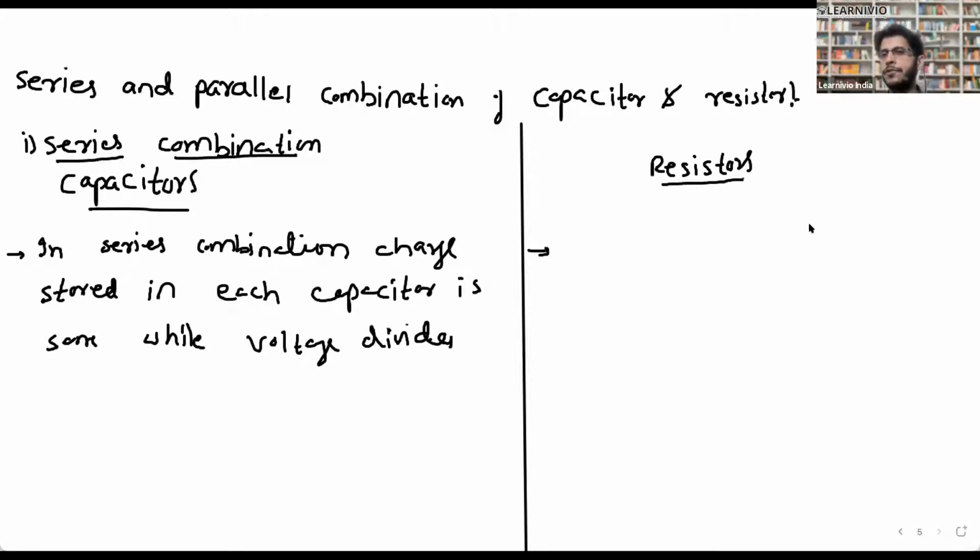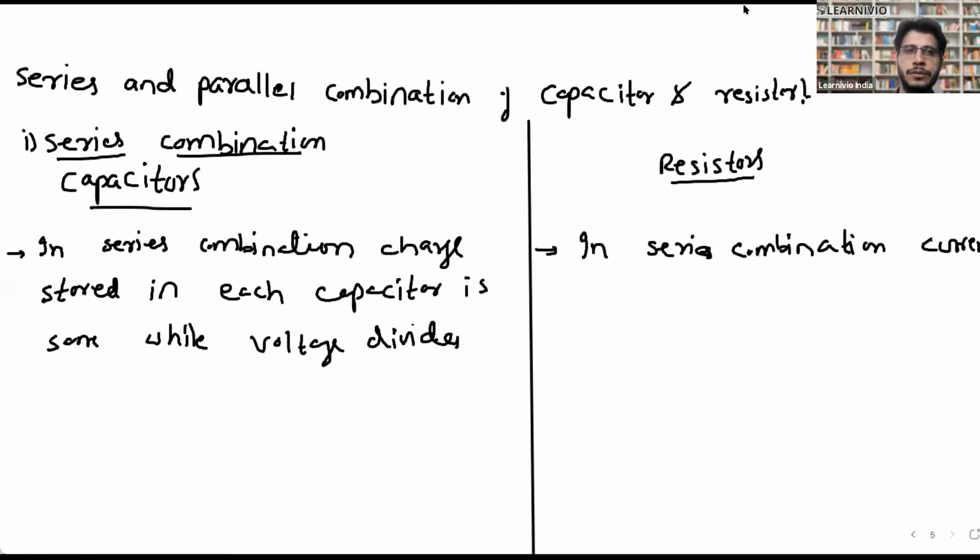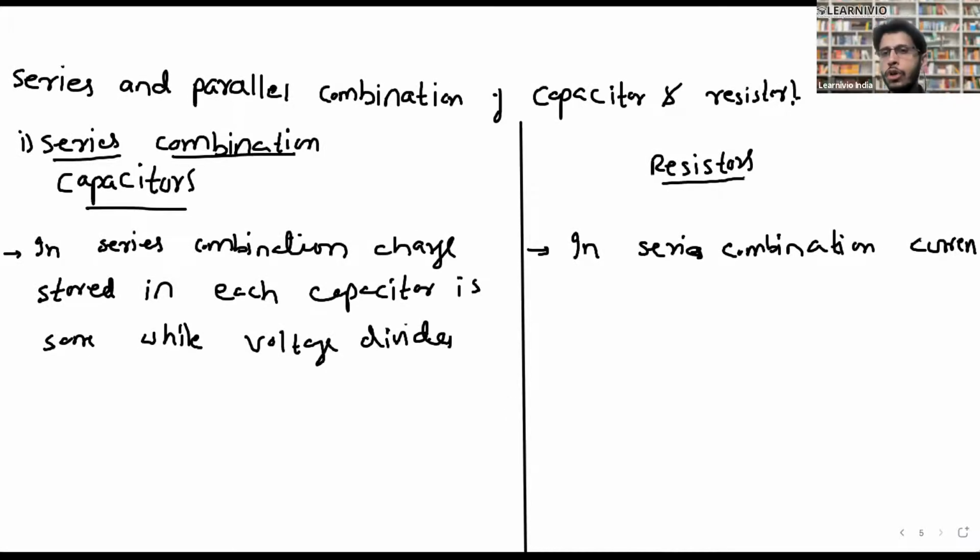Similarly, when I write for resistor, I will write the same statement. In series combination, instead of charge, we have current. And current is not stored, current flows.